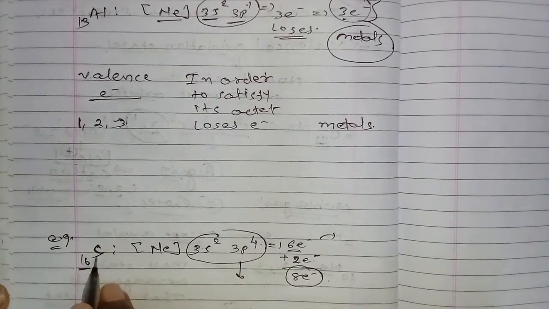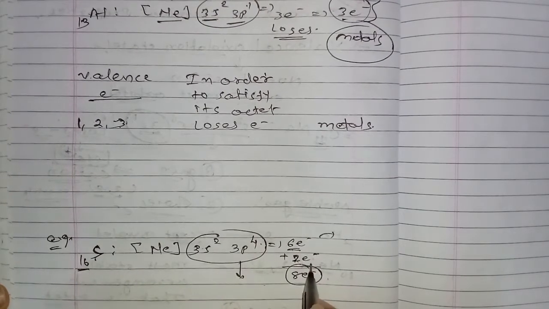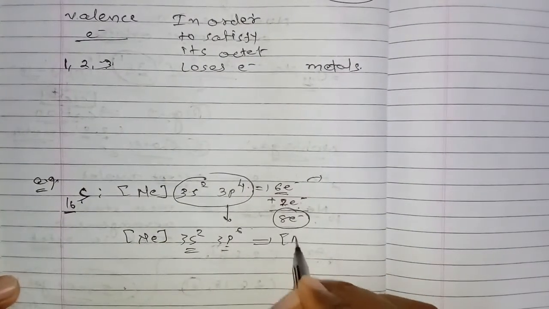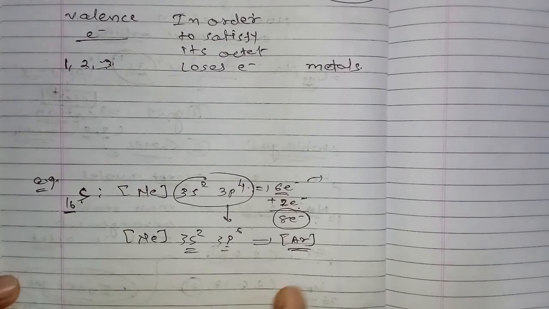Whenever sulfur gains 2 electrons, its electronic configuration will be like argon.